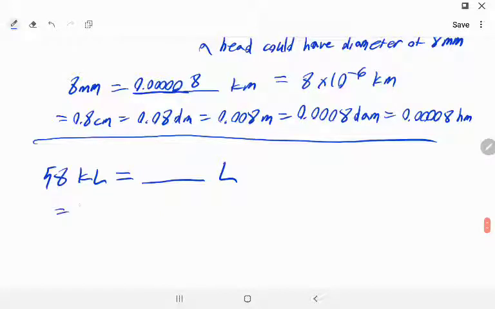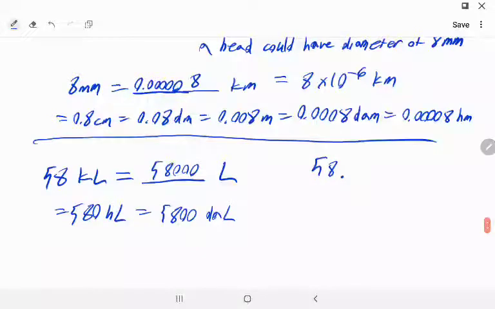So it's going to be 580 hectoliters, 5,800 decaliters, and so that gives us 58,000 liters. We start with that 58 kiloliters, and we just imagine the decimal point moving 1, 2, 3 to the right to get liters.